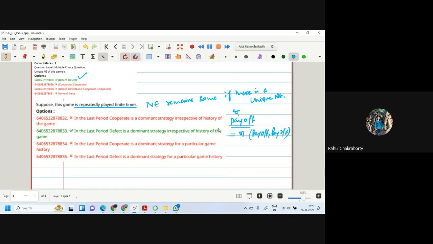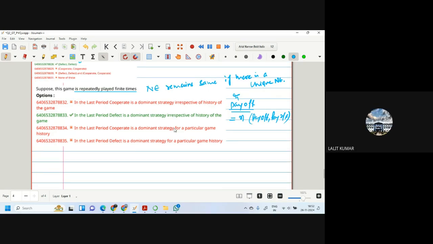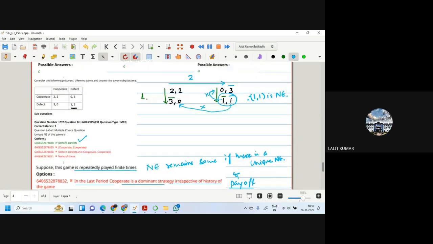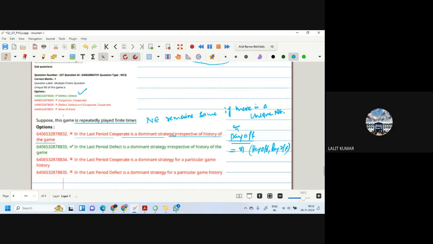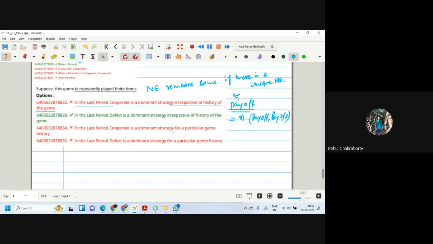इन दिस क्वेश्चन, व्हाट दे हैव ट्विस्टेड, दे हैव इंट्रोड्यूस्ड इंग्लिश। So they are asking, in the last period, cooperate is a dominant strategy irrespective of the history of the game. So we know dominant तो आपका यही है जहाँ पे नैश इक्विलिब्रियम आपको मिल रहा है (1,1), वो तो कॉर्पोरेट है नहीं। तो इन द लास्ट पीरियड डिफेक्ट इज ए डोमिनेंट स्ट्रेटेजी। कॉर्पोरेट आपका कभी भी नहीं होगा। Now this is not true.